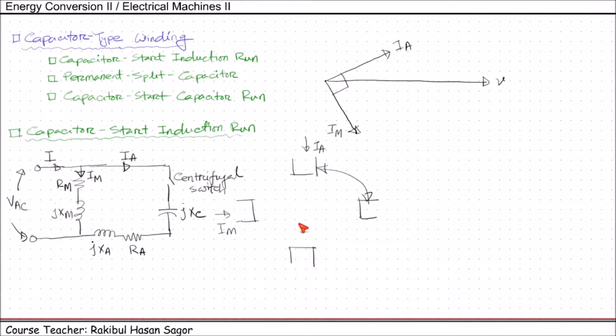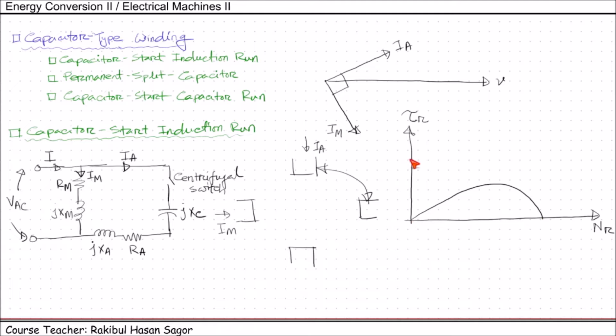If we draw the torque speed characteristics curve, this is the torque speed characteristics curve. In the x-axis we have rotor speed nr, in the y-axis we have tau r. This is the torque speed characteristics curve when there is no auxiliary winding and we have zero starting torque.